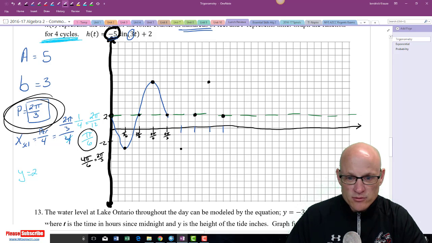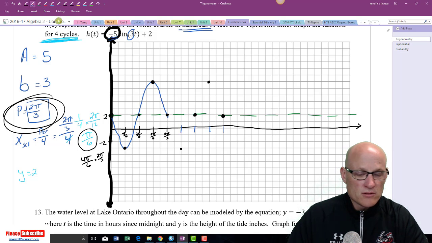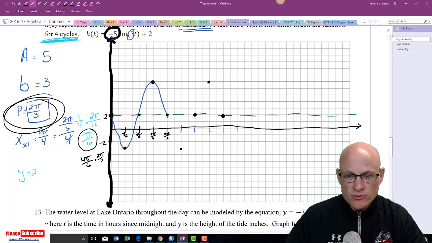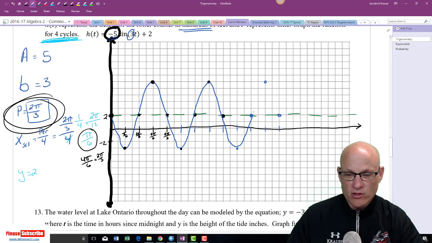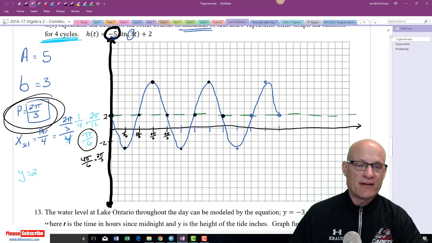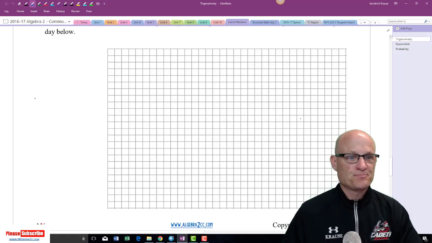And then do it again. 1, 2, 3, 4. Start at 0, end at 0, in the middle is 0, and down here is a min, and up here is a max. So if I could just keep going, roller coaster fun, do it one more time, and you got 4. All right, moving on.